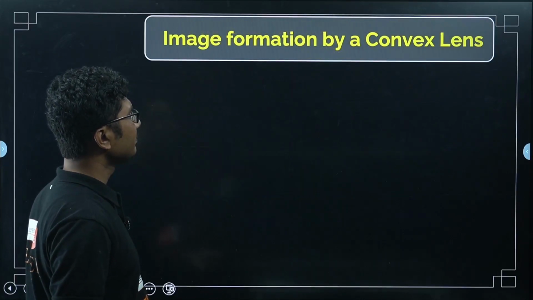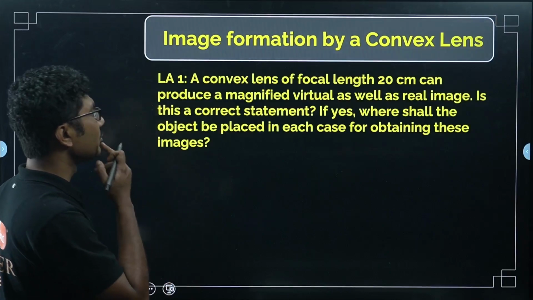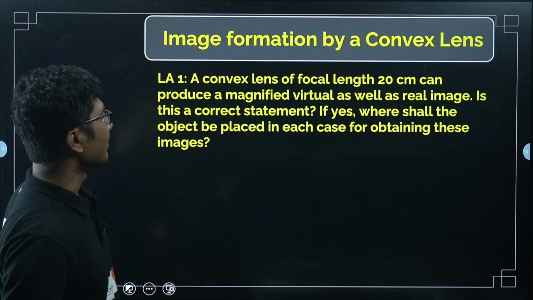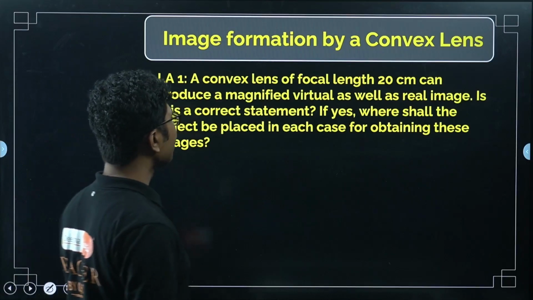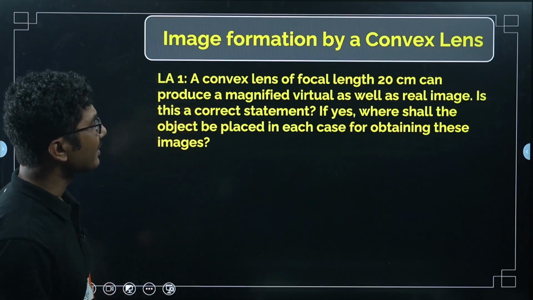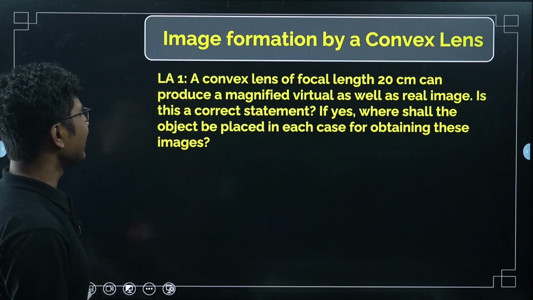Now let's move on. Now let us look into the image formation by a convex lens. A convex lens of focal length 20 cm can produce a magnified virtual image as well as a magnified real image. Is this a correct statement?